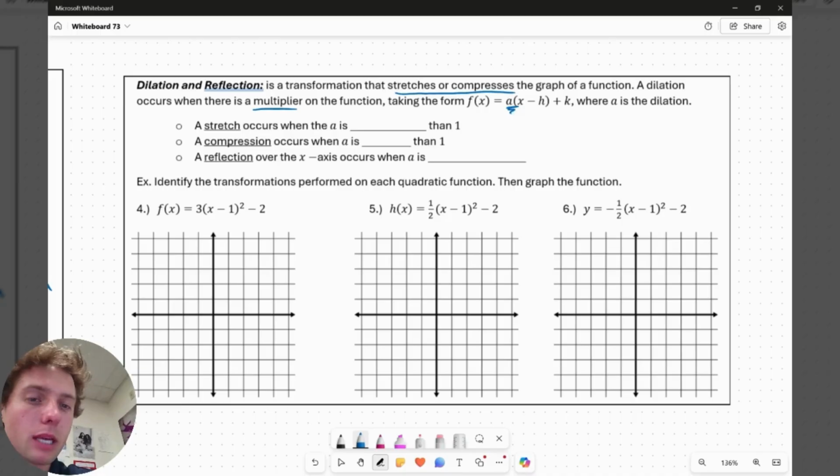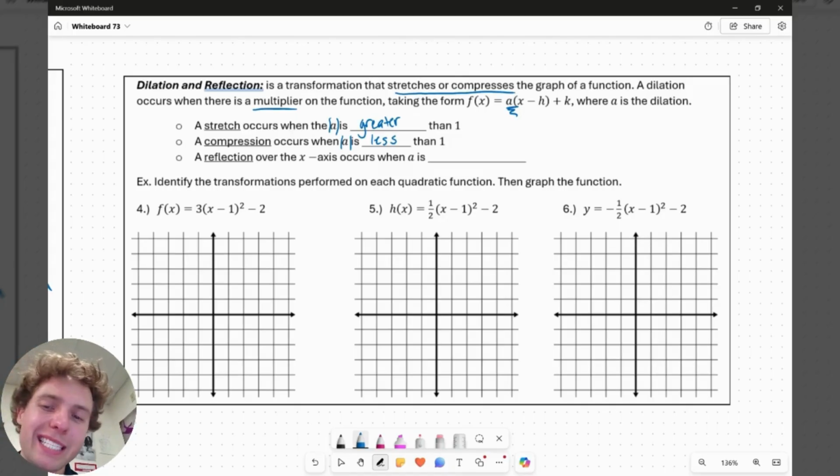That means we have something multiplying in front with the parentheses or with the function now. Analyzing that a value, a stretch occurs whenever the a value is greater than 1. Technically, the absolute value of a. A compression occurs whenever the absolute value of a is less than 1.